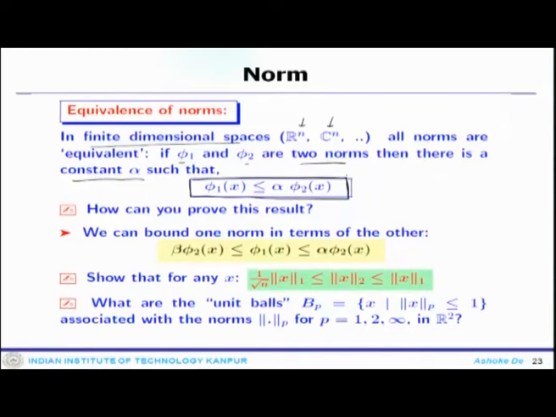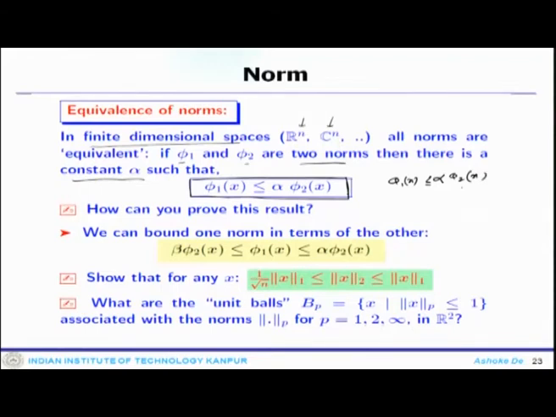So, that gives you an important property of equivalency between these norms. I have two different norms phi 1 and phi 2, and the equivalency is obtained if there is a constant alpha such that phi 1 of x is less than or equal to alpha phi 2 of x.